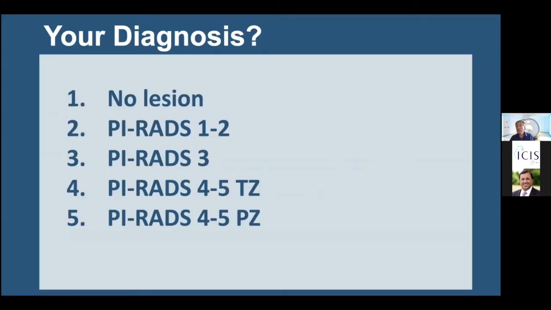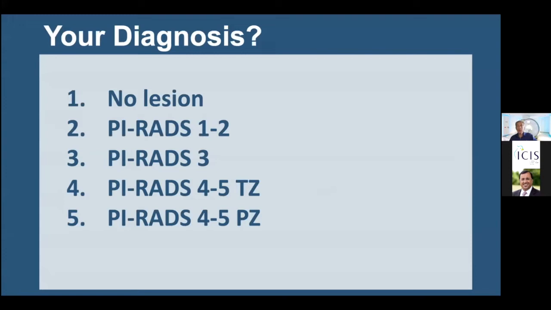Can you please open the poll if possible? Okay. So please give me your diagnosis. No lesion, PIRADS 1 to 2, PIRADS 3, PIRADS 4 to 5 in the transition zone, and PIRADS 4 to 5 in the peripheral zone.